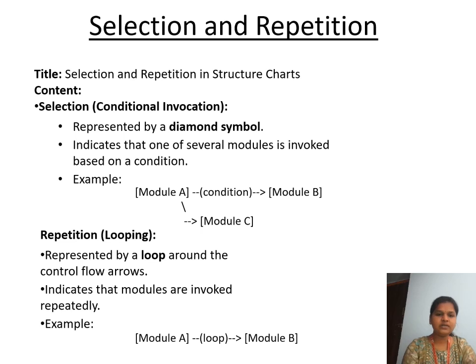Repetition is nothing but looping, represented by a loop around the control flow arrows, and indicates that modules are invoked repeatedly. So here is the example diagram: Module A, looping statement, and module B.